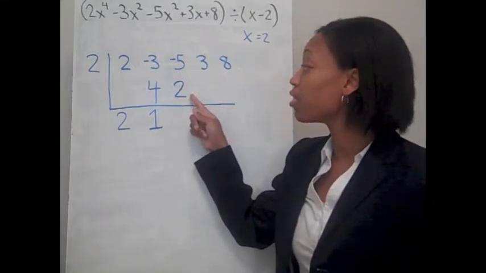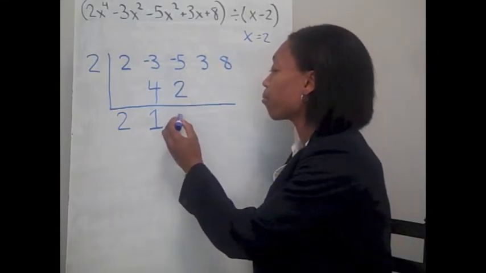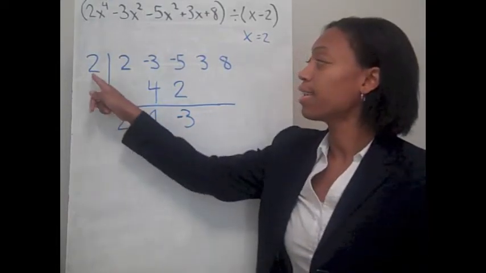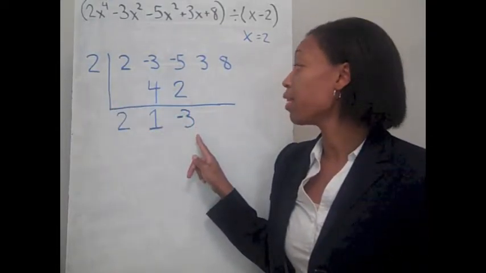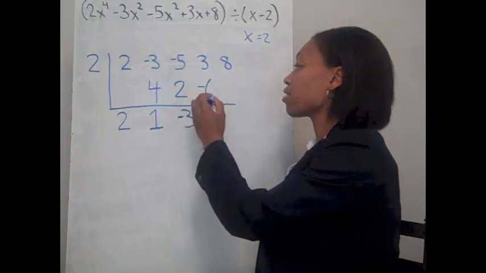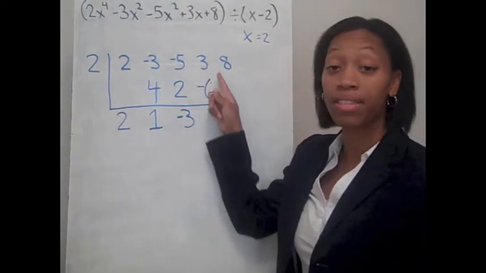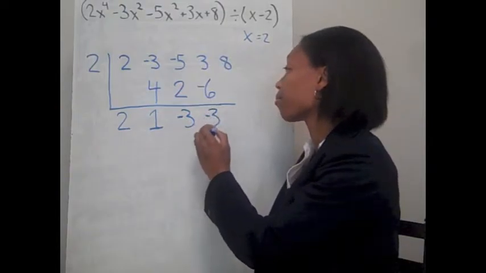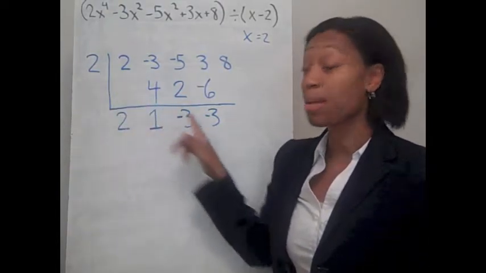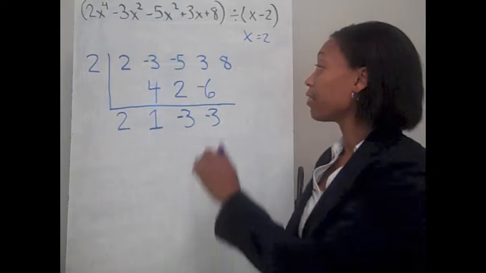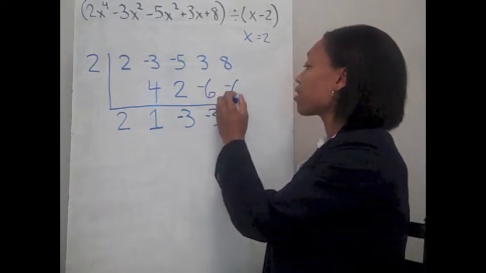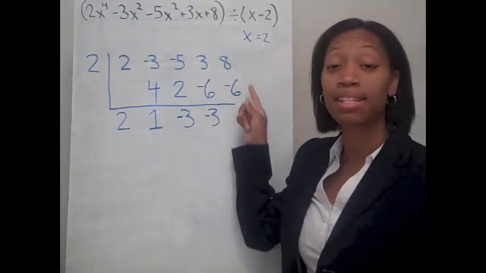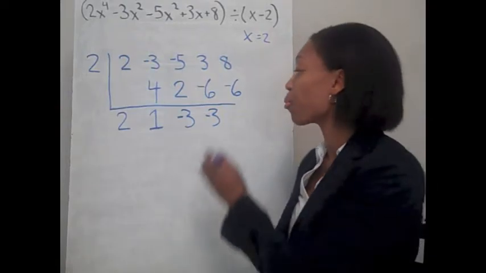Negative 5 plus 2 is negative 3. 2 times negative 3 is negative 6. Negative 6 plus 3 is negative 3. 2 times negative 3 is negative 6. And 8 plus negative 6 is 2.